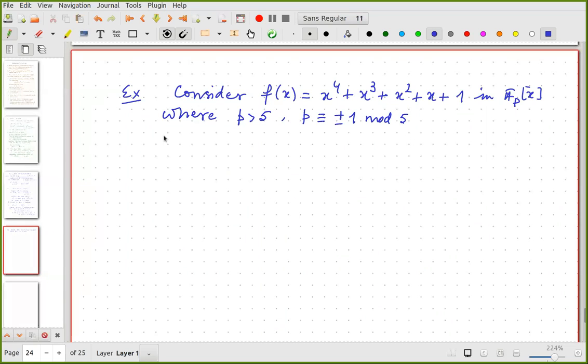Then f(x) is irreducible. Or I can just write it like this: if p is greater than 5 and p is not plus or minus 1 modulo 5, then f(x) is irreducible.